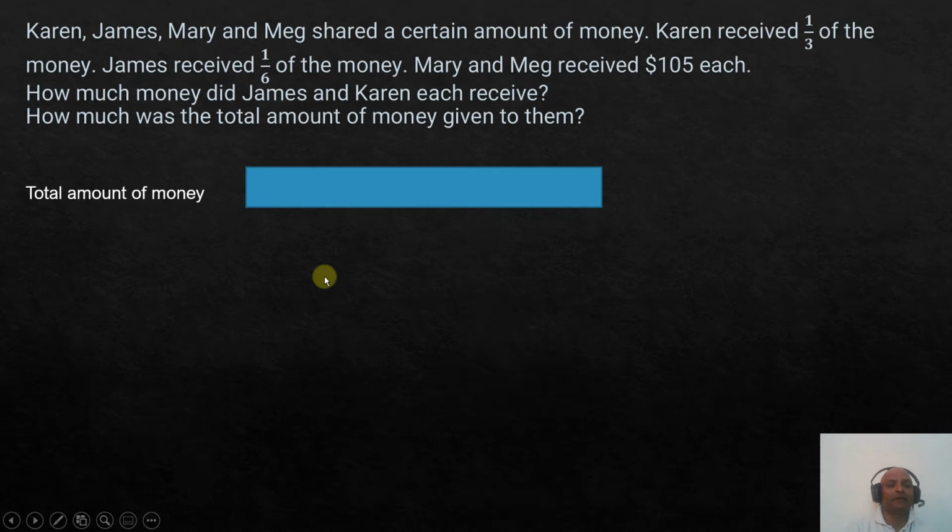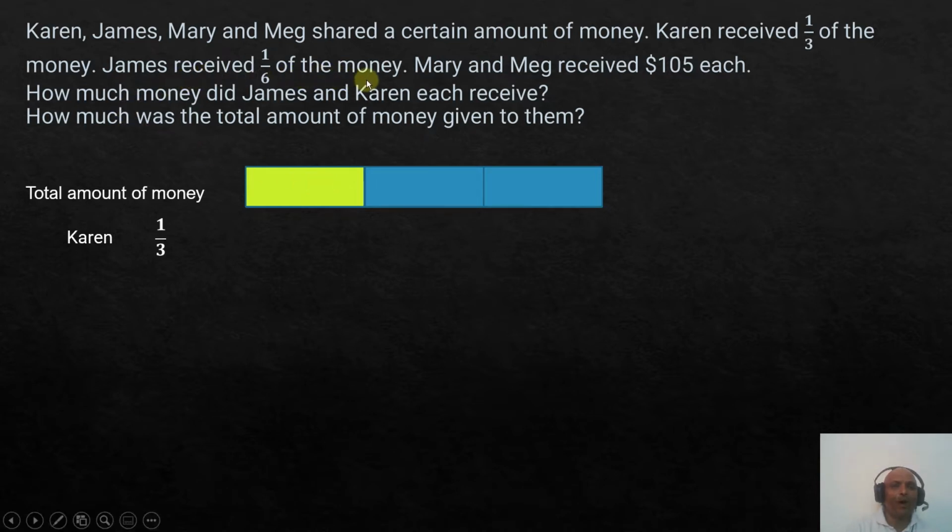So for Karen, what we need to do is basically divide the total money into 3 parts. So Karen received 1/3, meaning the total is divided into 3 parts, and we choose one of that. Right? So now this is what Karen has received.